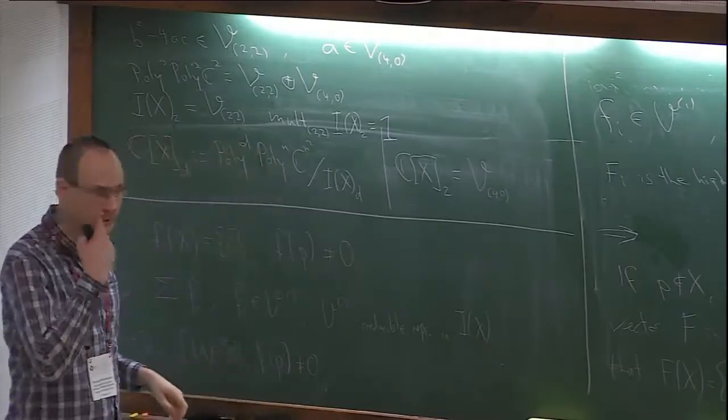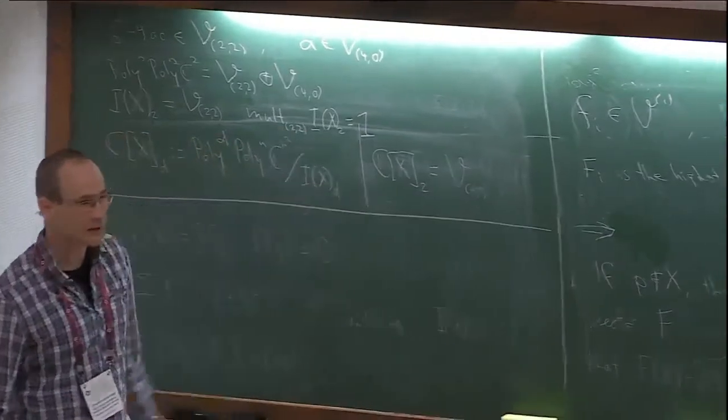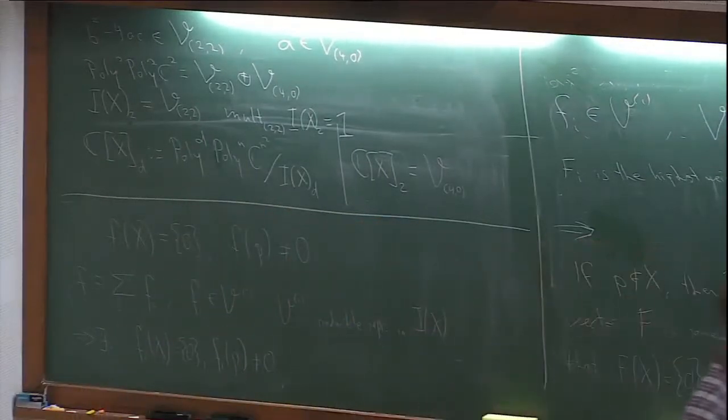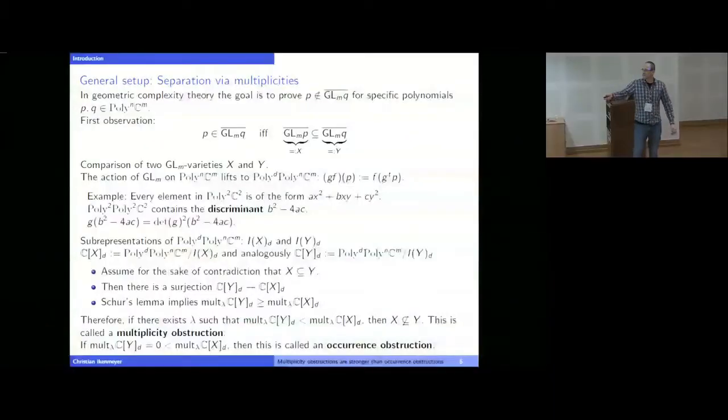I just count how many appear. It turns out that if you have a surjection, then you get an inequality of this type. So everything works nicely. This means that if you find a lambda where you have more on the x side than on the y side, then x cannot lie in y, and it's called a multiplicity obstruction. And if you even have a 0 here, then this is called an occurrence obstruction.